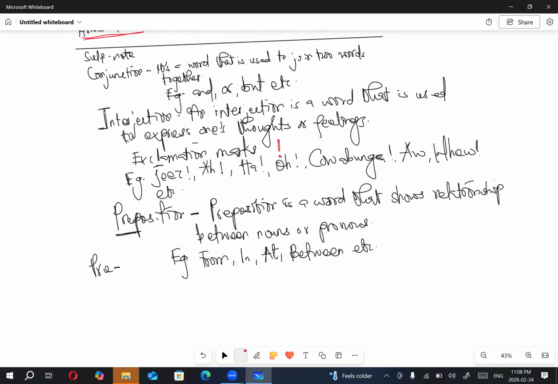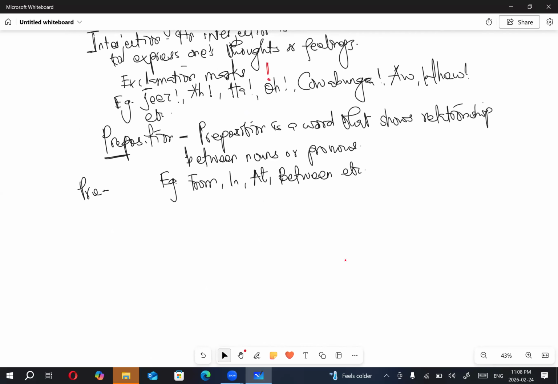Okay, so now grammatical names. We know it's either a noun or noun phrase or noun clause or a pronoun or an adverb or an adverbial phrase or an adverbial clause or an adjective or adjectival phrase or adjectival clause, right? So we will take them one after the other.